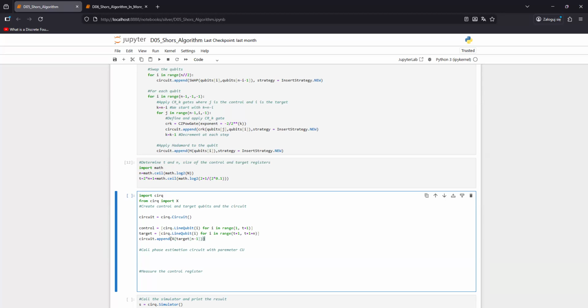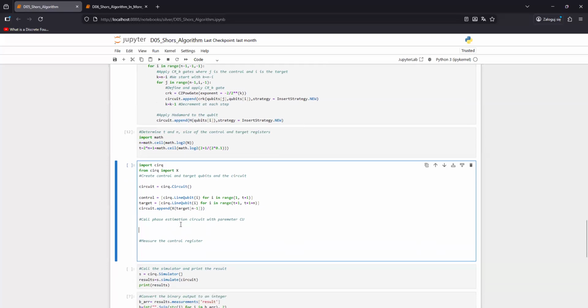So the first one will have the index of 0 and the last one of n minus 1. And we want this because if you come back to the order finding algorithm lecture, we want to find a to the power of r equal to 1 remainder of n. So using the X gate in the target register, we expressed the number 1 in binary.